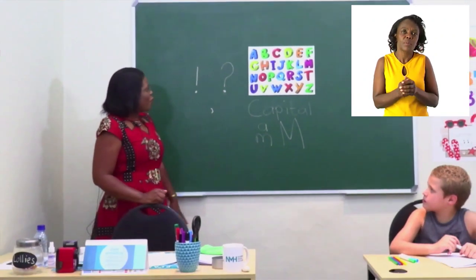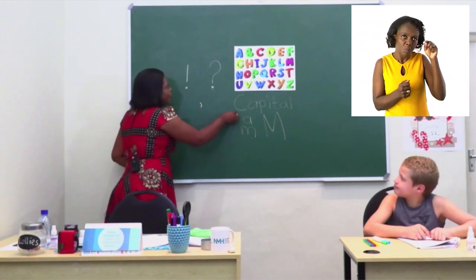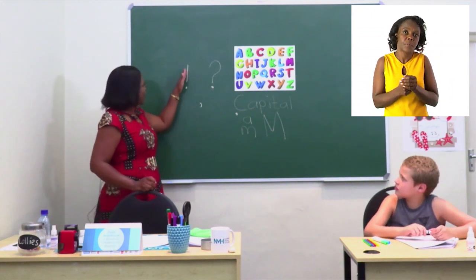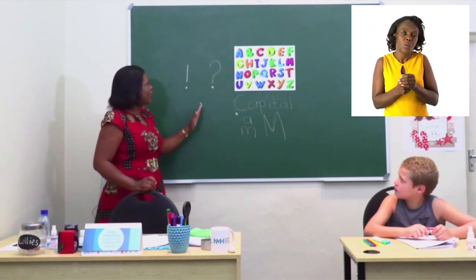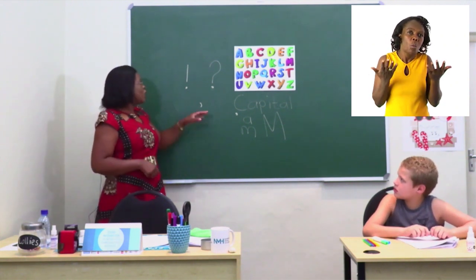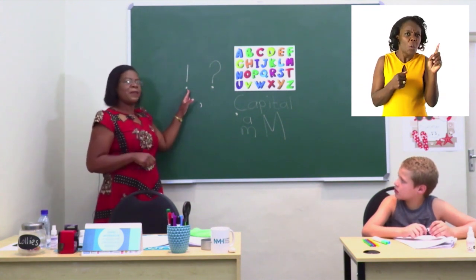Okay, so now we have learned the capital letter, we have learned the full stop. Now we are going to add more of these ones. When do we use this punctuation mark and that one and this one? First of all, we have to know their names. Do you know what is the name of this line and the point under?